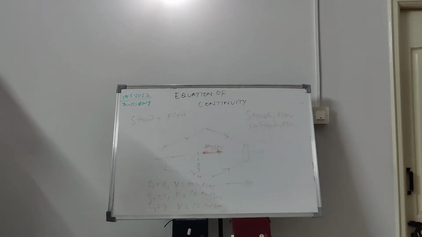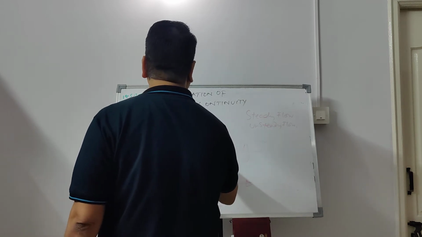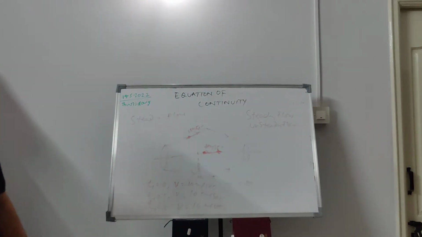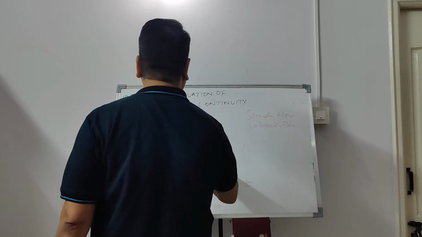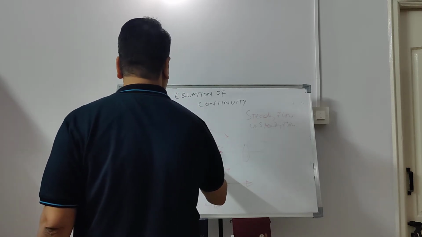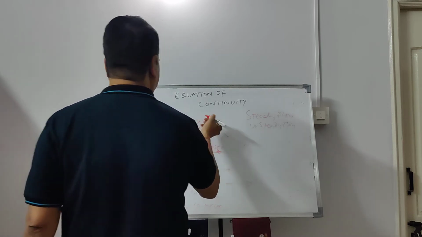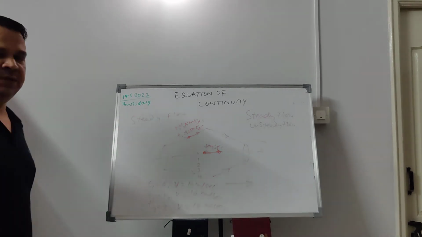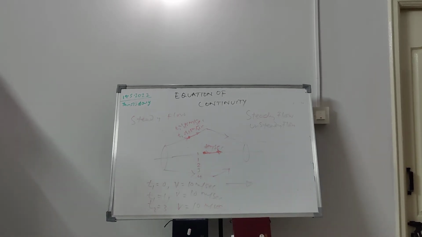But if you come to this other point, maybe it can be 15 meter per second, with the direction inclined at 45 degrees. Here also every time it will be 15 meter per second, at t1 equal to 0 and t1 equal to 1, and the direction is also the same inclination. If this happens, it will be called a steady flow.